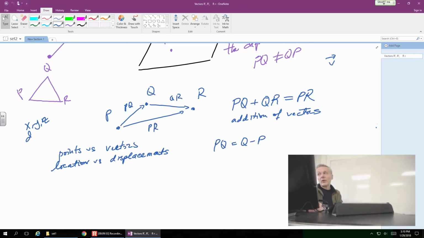It is a displacement, and we just write it as PQ, and that is a vector from P to Q. Alternatively, I can write Q is equal to P plus PQ. So it's like consecutive moves: I'm writing the next location in terms of the previous location. My previous location is P, I add the displacement PQ, and I end up at the new location, which is Q.